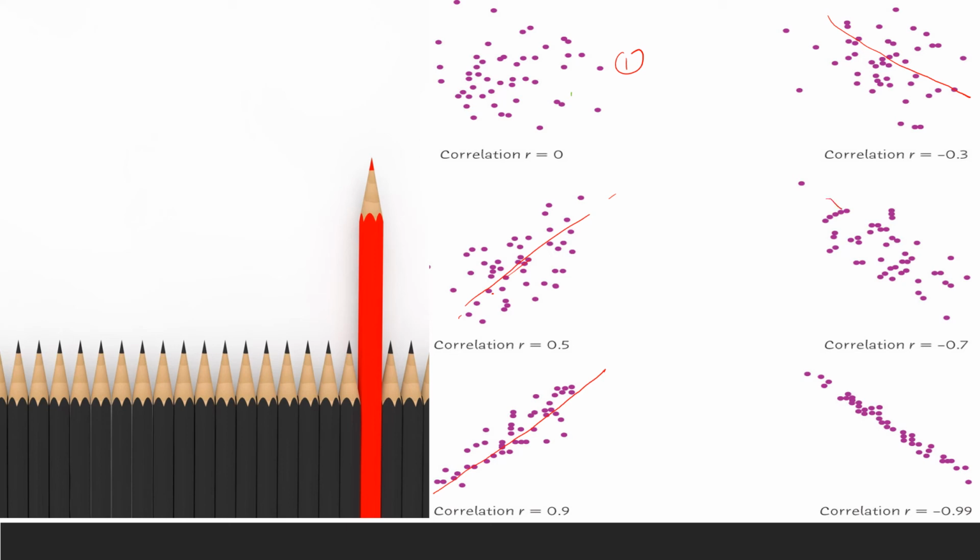Here again it is negative, but points are a little closer and it lies almost on the line. So we can roughly guess the correlation coefficients for these scatter plots.